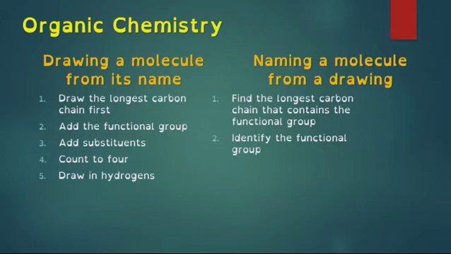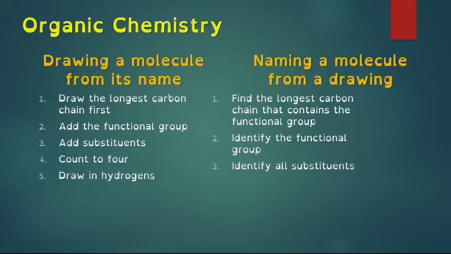Now I know this sounds like I've done this in step one already. I haven't quite. You find the longest carbon chain in number 1, making sure that it includes a functional group. And now in number 2, you identify that functional group so that you can give the name of your molecule its suffix. Now we have to figure out the numbers. Before we figure out the numbers, we have to know where all the other added extras are.